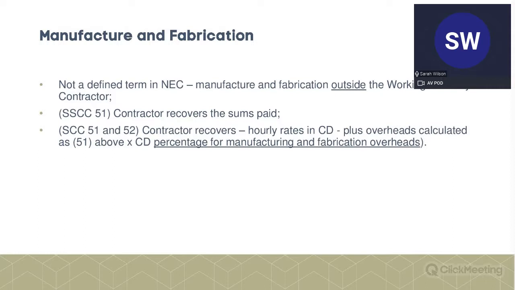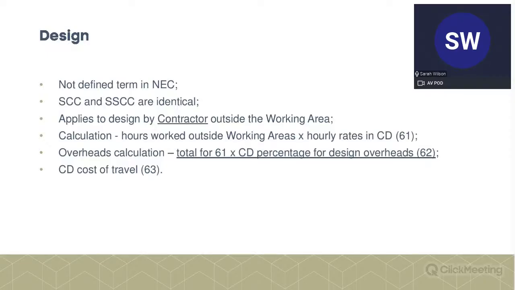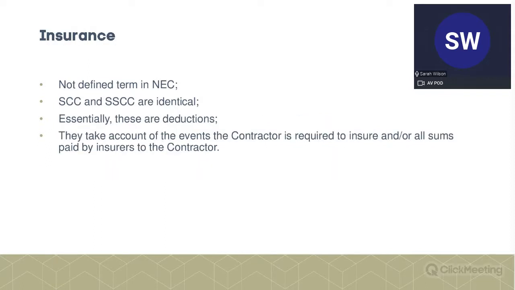And then overheads are calculated by reference to a percentage. Where's the percentage? It's in your contract data, so remember to include that. Design, exactly the same, except in addition, that final bullet point, the cost of travel is included.